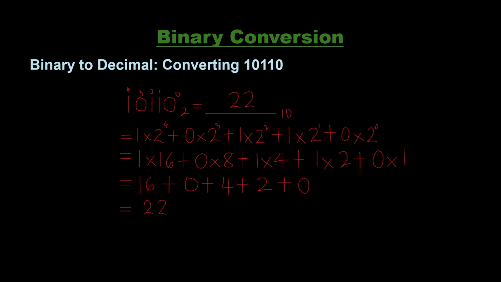So, 10110 is 1 times 2 to the power of 4 plus 0 times 2 to the power of 3 plus 1 times 2 to the power of 2 plus 1 times 2 to the power of 1 plus 0 times 2 to the power of 0. That's 16 plus 0 plus 4 plus 2 plus 0, which equals 22. So, 10110 in binary is 22 in decimal.